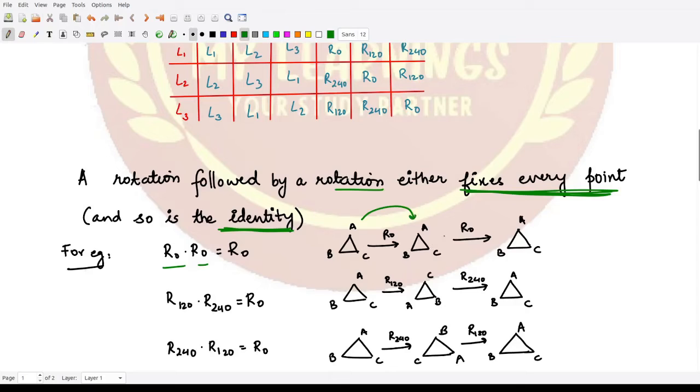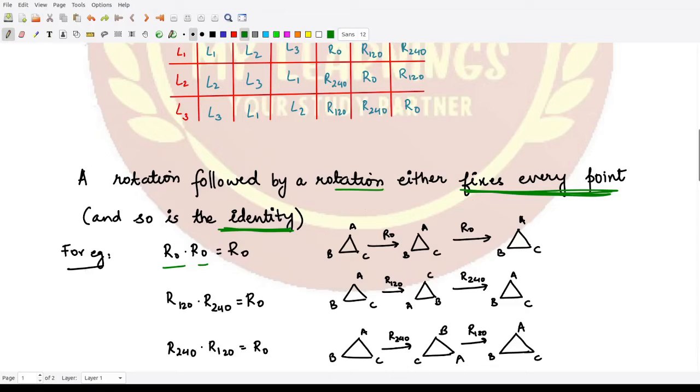That is the same. And again we are rotating it by 0 degrees, so we are not doing anything to it. So the initial triangle has not been disturbed at all, and hence the final result is R0 of the initial triangle. So this operation is R0, correct, in the first case.